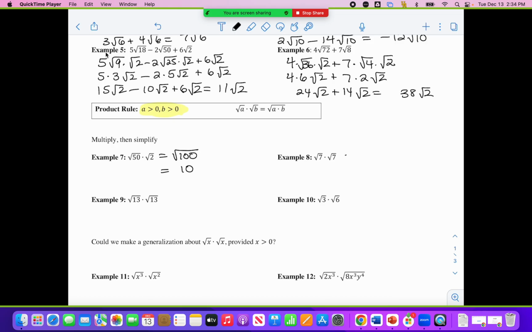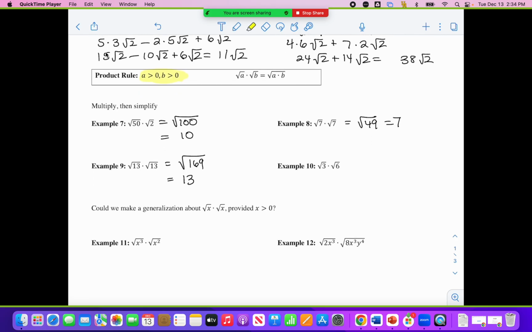In example 8, this is the square root of 49, which is 7. In example 9, 13 times 13 is 169, and that's a perfect square. So it's just 13. Before we do example 10, 8 and 9 go together.